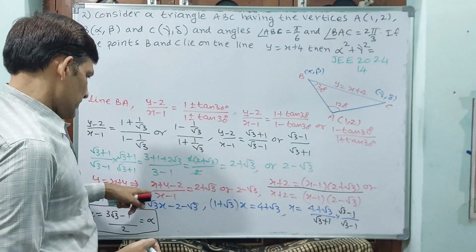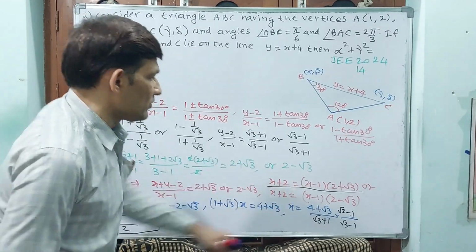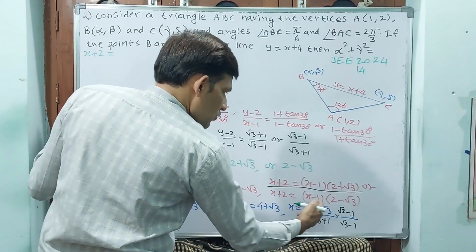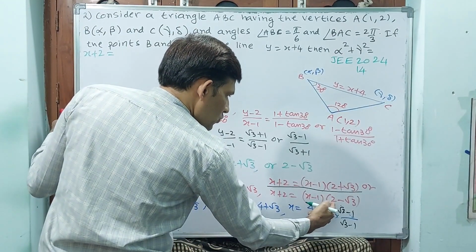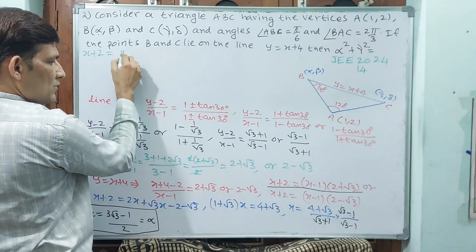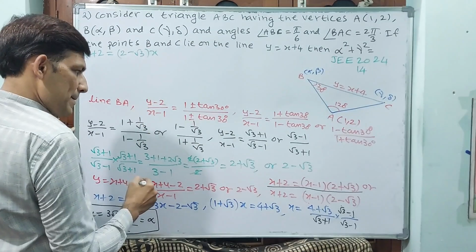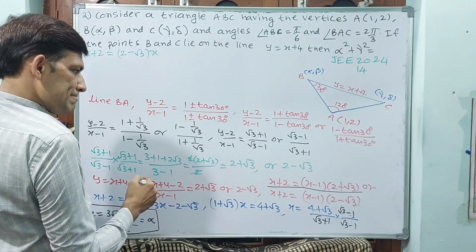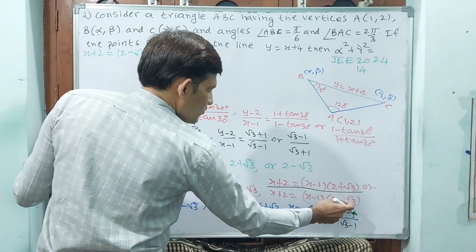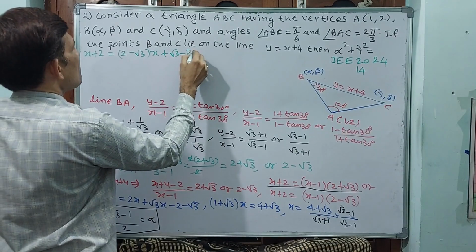Now, x plus 2 is equal to, second one, x plus 2 is equal to 2 minus root 3 into x, plus root 3 minus 2.